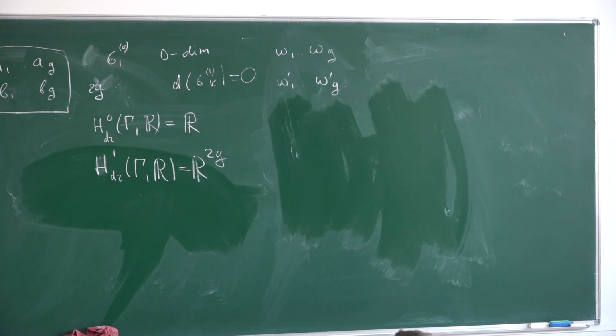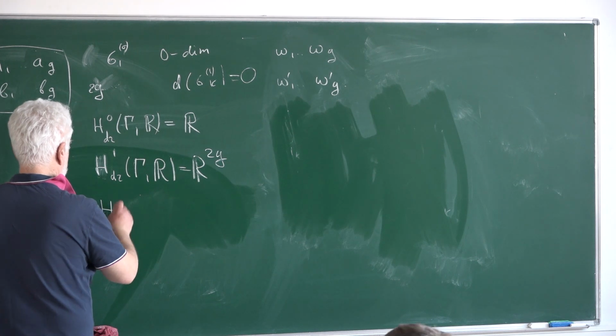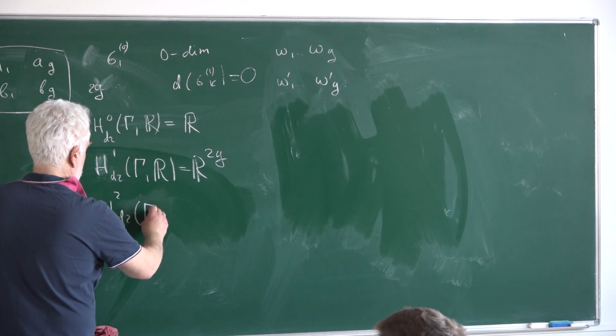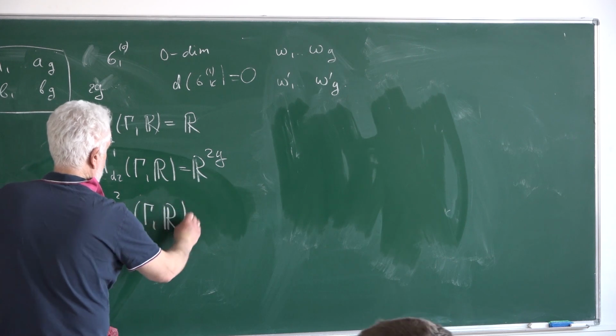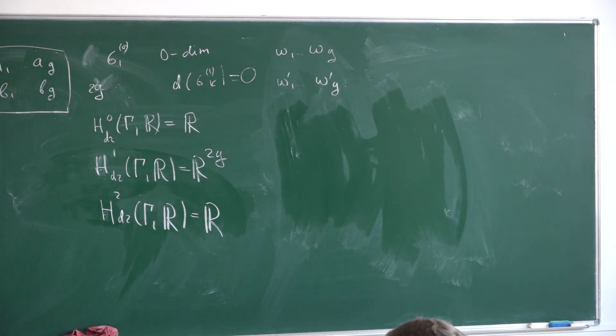You understand? And now what remains? We constructed these 2g differential forms, and any other closed differential form is cohomologous to a combination of these forms.